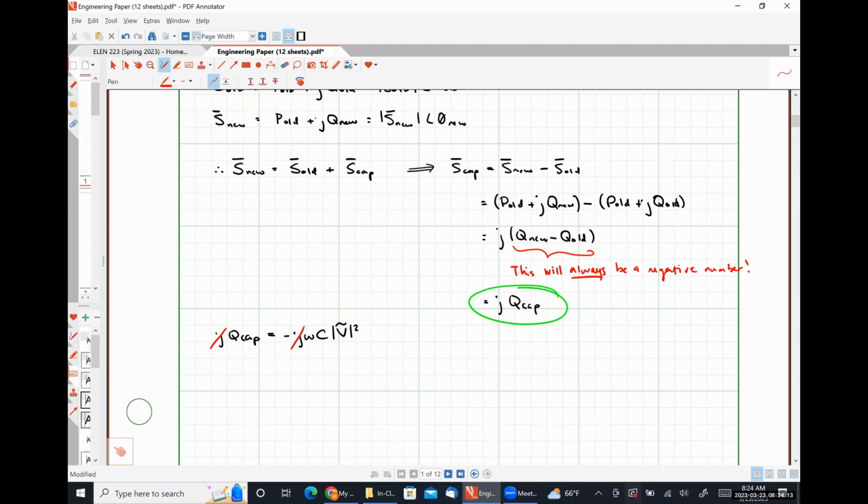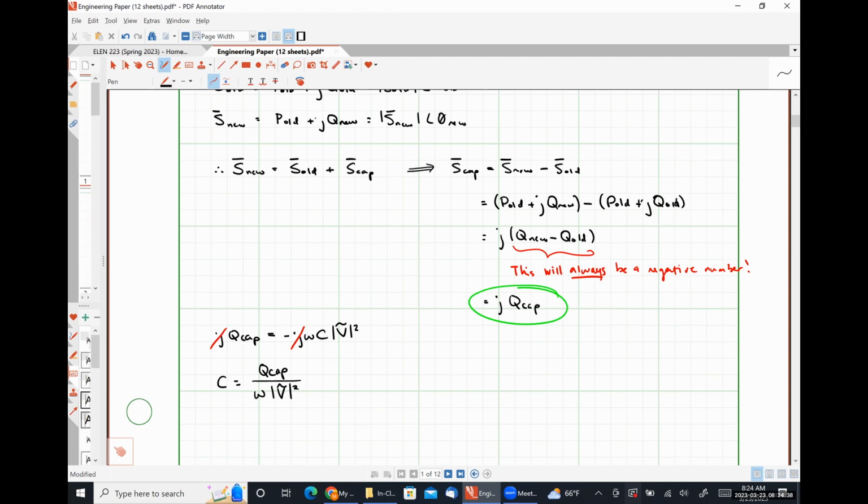We can get rid of the J's on both sides, right? Since we're solving for C, let's put C on this side. So we're going to simply divide Q cap by omega times the magnitude of our voltage squared, right?